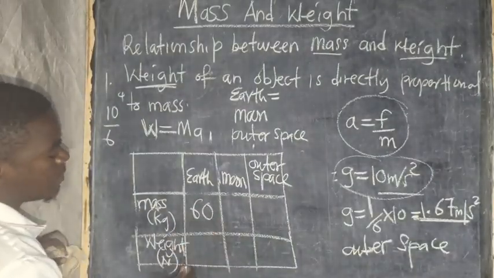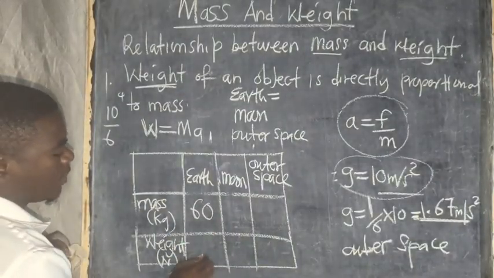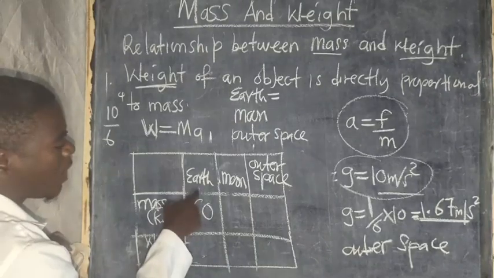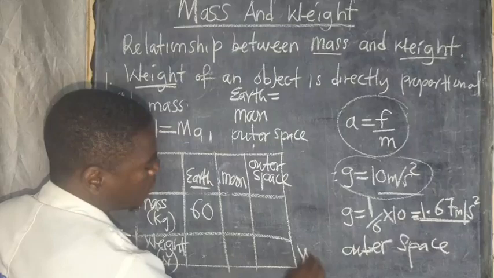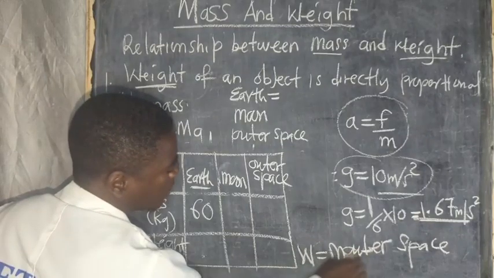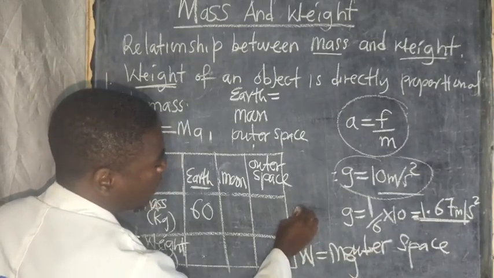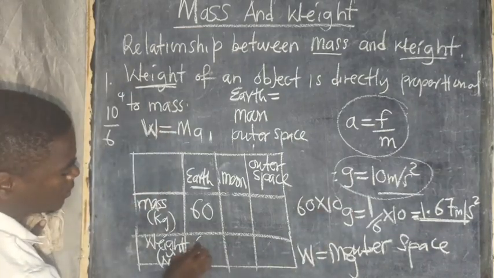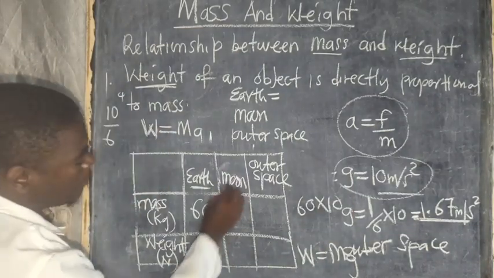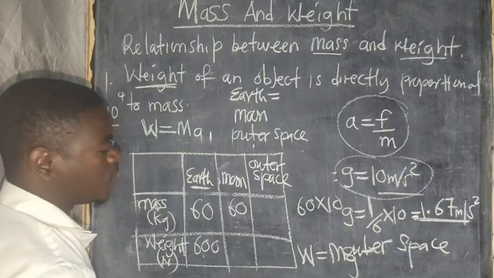If mass is 60, what is the weight on the earth? What is gravity on the earth? You know that weight is equal to mass times gravity. So you multiply mass 60 times 10 to give you 600 there. Mass is 60 even when you go to the moon.